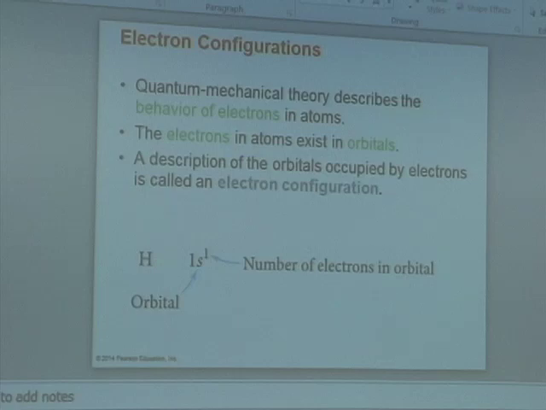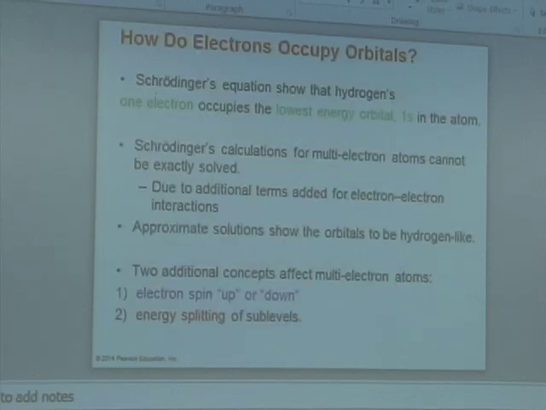We come up with electron configurations, and we have successfully calculated the solution to Schrodinger's equation for hydrogen, but for multi-electron atoms we actually can't. But we should ask our question, how do electrons occupy the orbitals?